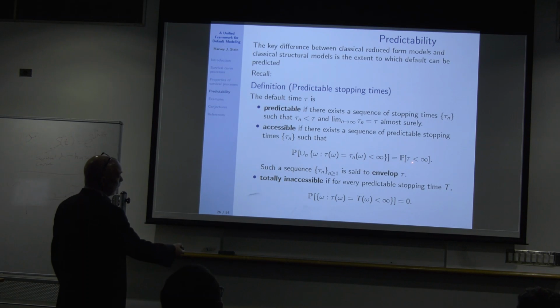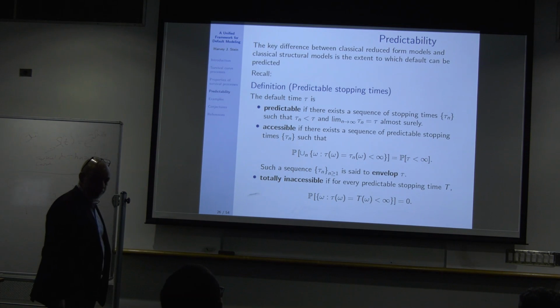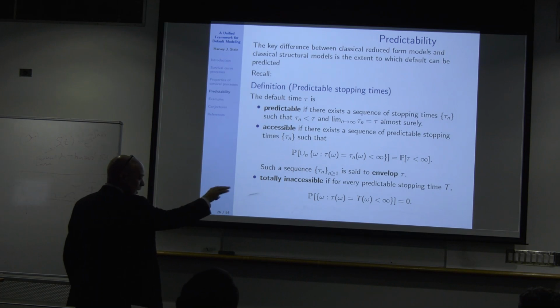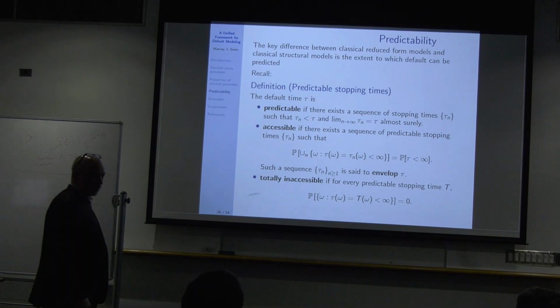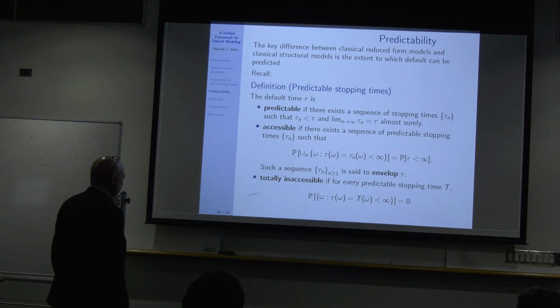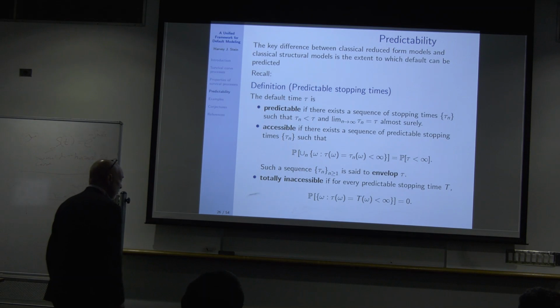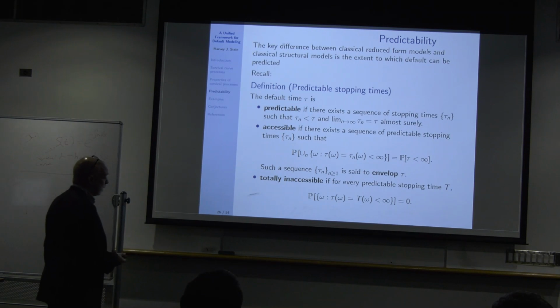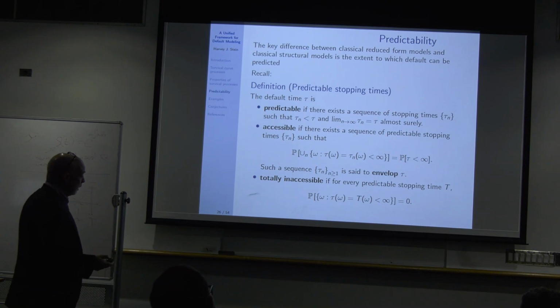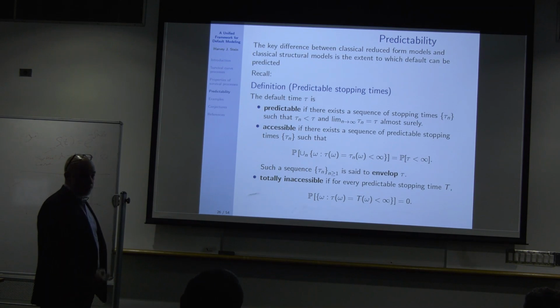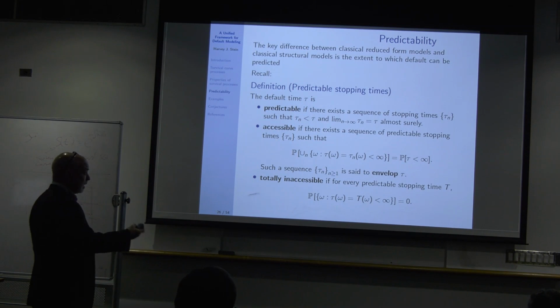Really, the probability that you stop at all, so you have to always worry about the states where you never stop. That's called a sequence which envelops tau. Then totally inaccessible is if for every predictable stopping time, the probability that the given stopping time is equal to it is 0. So it has probability 0 of equaling any predictable stopping time.